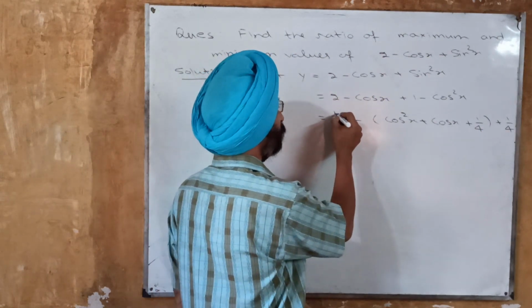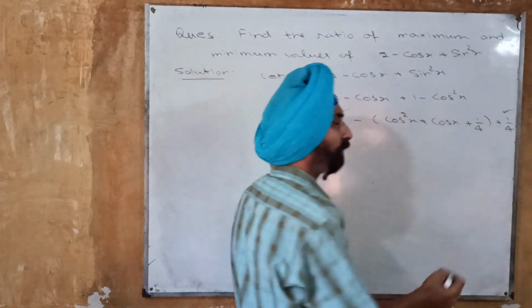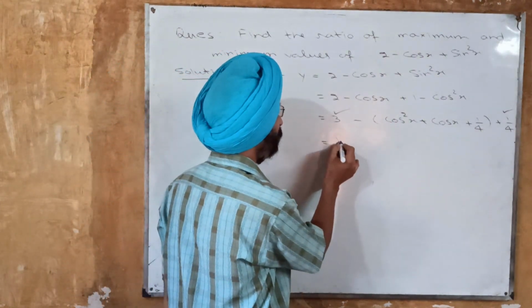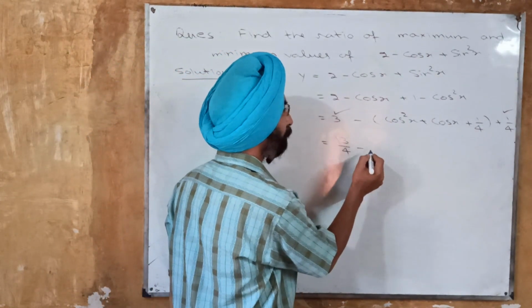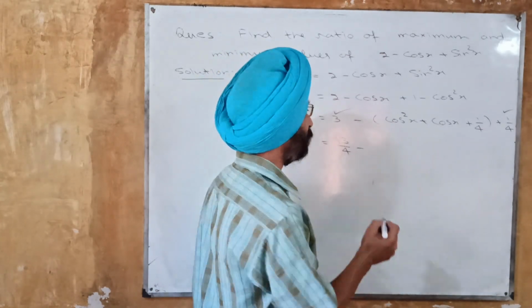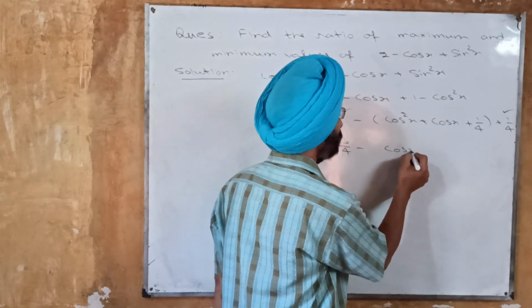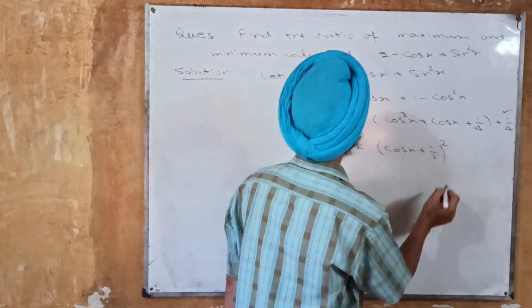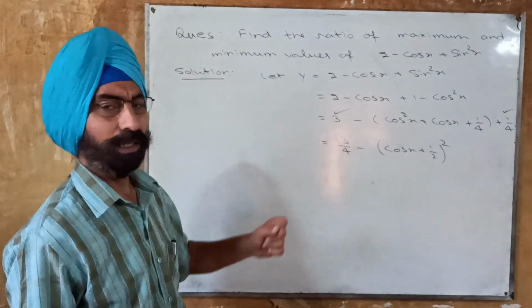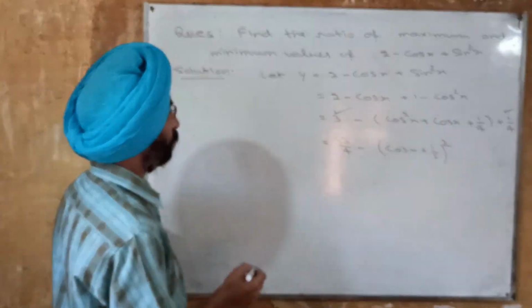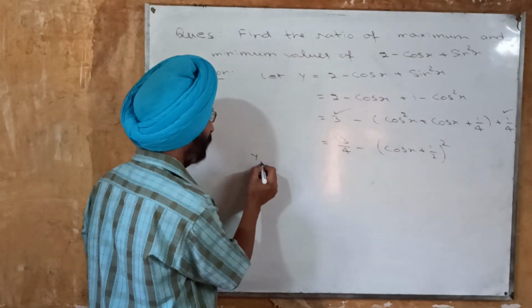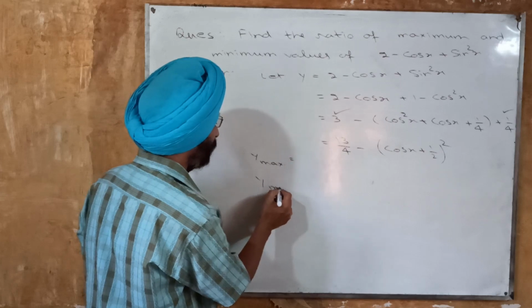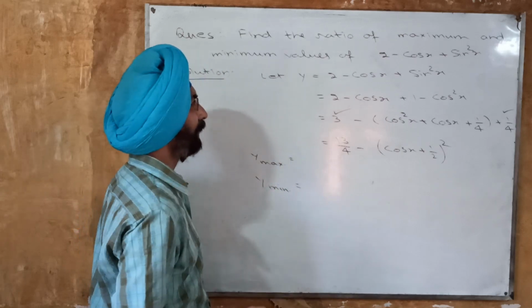Now, this 3 and this 1 by 4 can be simplified as 13 by 4 minus this bracket, which is now cos x plus 1 by 2 whole square. This is your y.